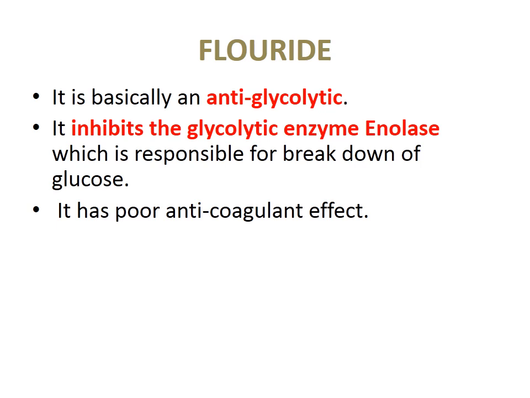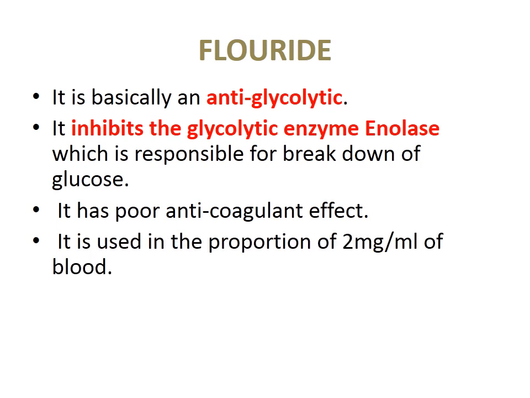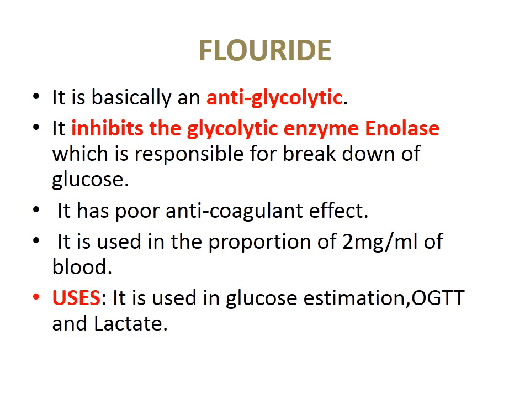That's why the gray capped vial contains both oxalate and fluoride. Oxalate is used as an anticoagulant, and fluoride is used as an antiglycolytic. It is used in the proportion of 2 mg per ml of blood. It is used in glucose estimation, oral glucose tolerance test, and lactate quantification.